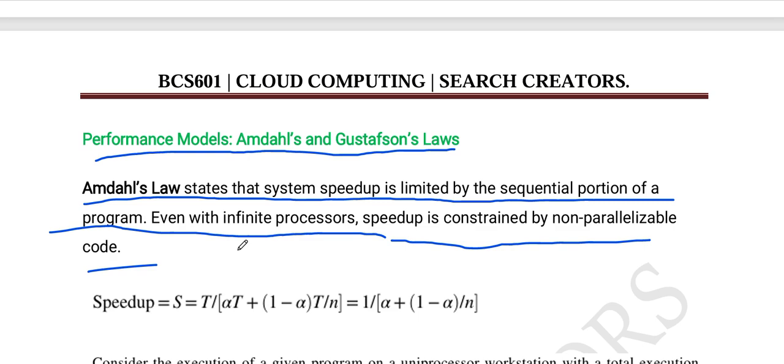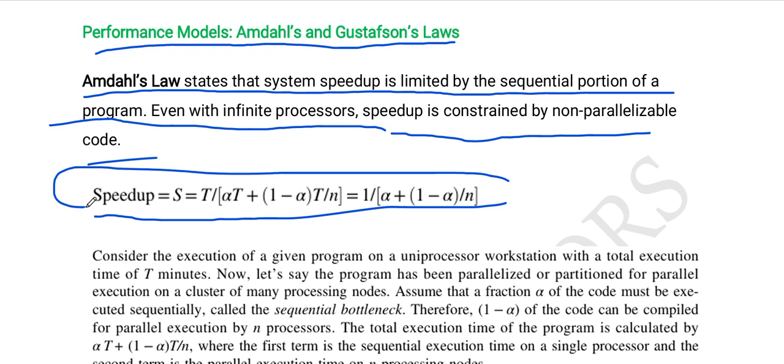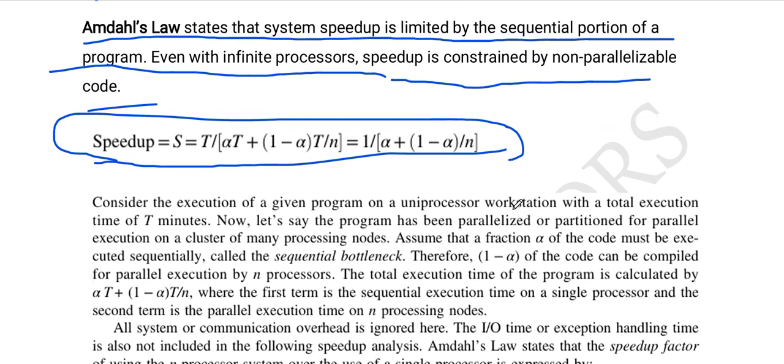Here is a representation of Amdahl's law, speed up S equal to, this is the formula for Amdahl's law, and here is an example.